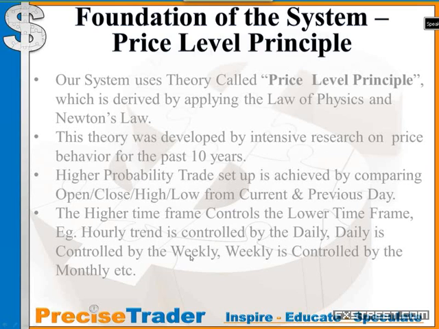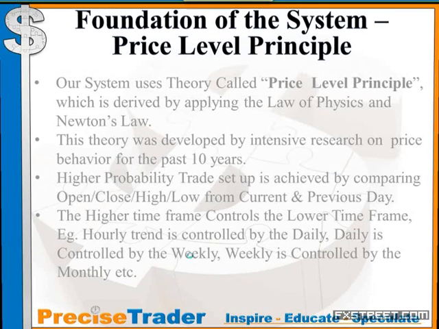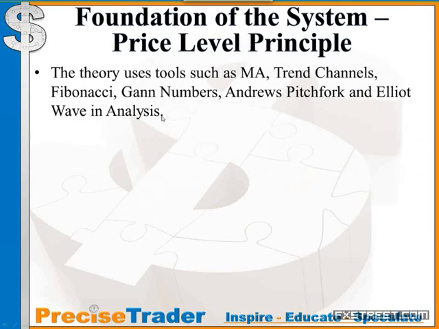The theory uses tools such as moving averages, trend channels, Fibonacci, Gann numbers, Andrews pitchfork, and Elliott wave in analysis. So basically, how or why the system was developed is that we use all these tools in our day-to-day analysis, and you might be wondering why these levels work so nicely.